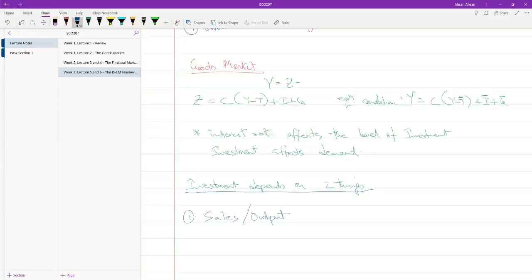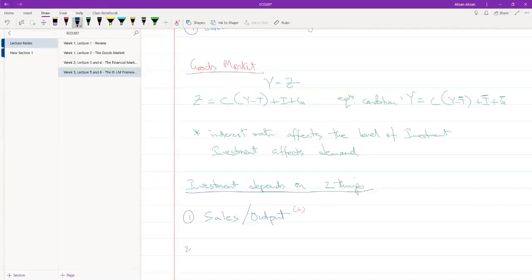You will want to invest more. You will want to buy more machineries. On the flip side, if demand for your goods is not increasing, then you really have no motivation to invest in more machinery. So the first thing that affects investment is sales or output. And this is a positive relationship.